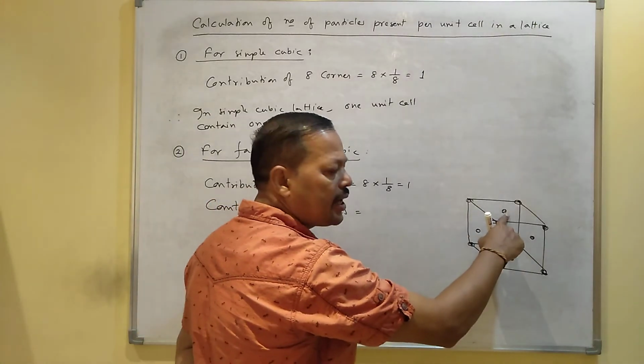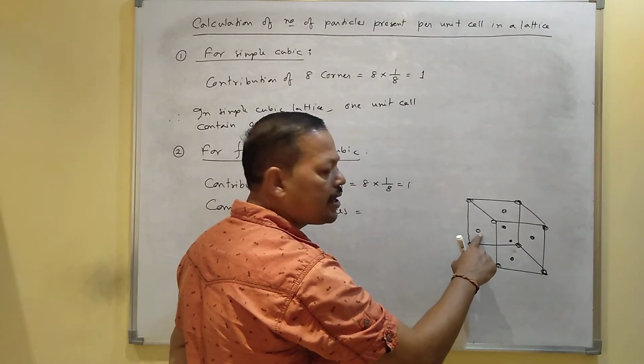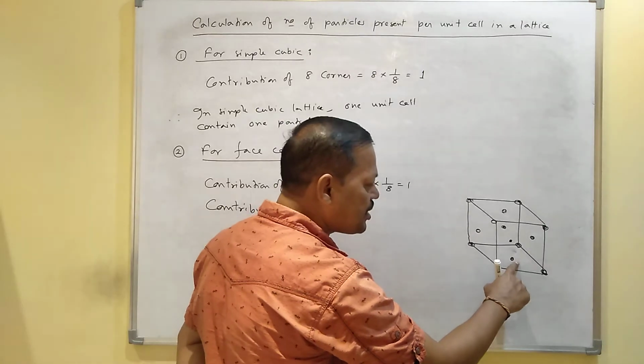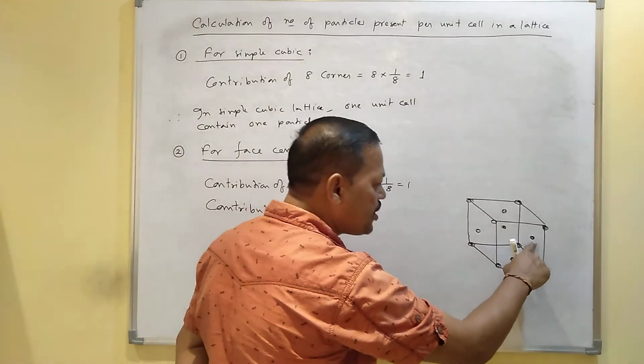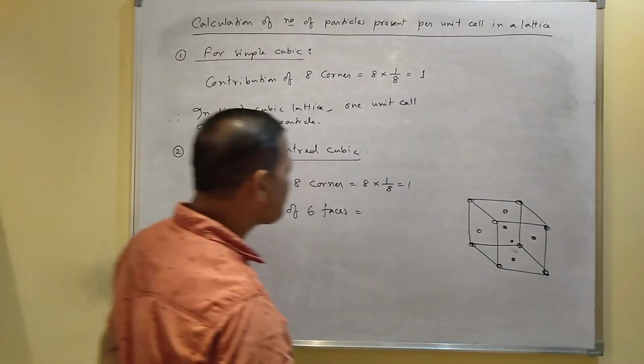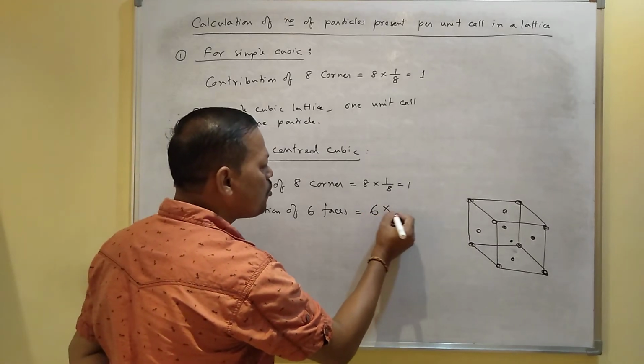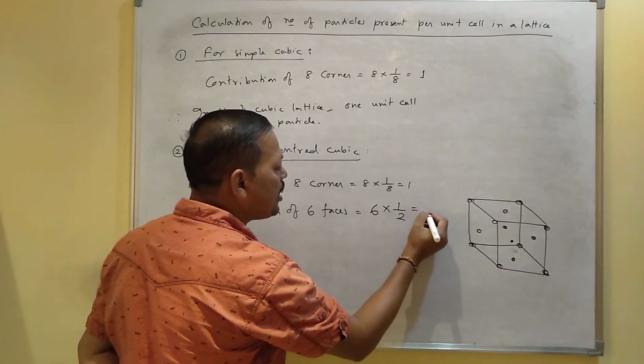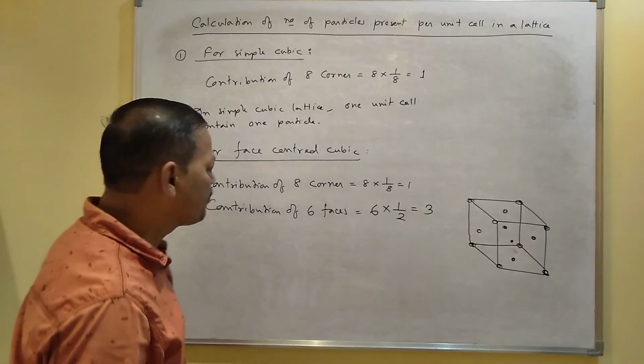So that is the contribution of 6 faces. From this face you will get half, from this face you will get half of the particle, and from this face also half of the particle. Since there are 6 faces, from all faces you will get half of the particle each. I mean, you will get 3 particles.